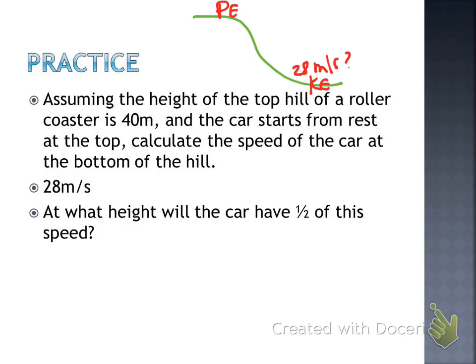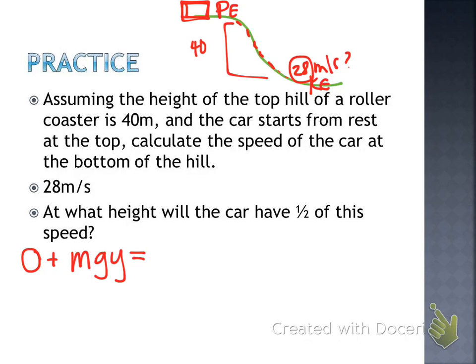So we want to find where along this path it reaches a speed of 1/2 of 28. It doesn't change the fact that our car starts at the top of the hill, which is 40 meters above. So we still have only potential energy at the beginning. So we're still going to say 0 plus mgy is equal to.